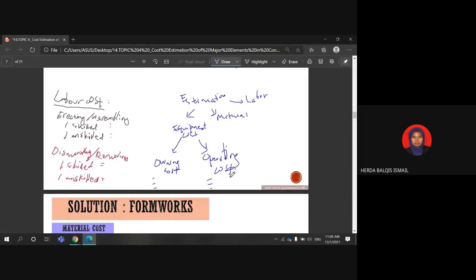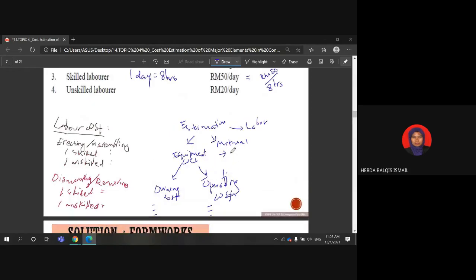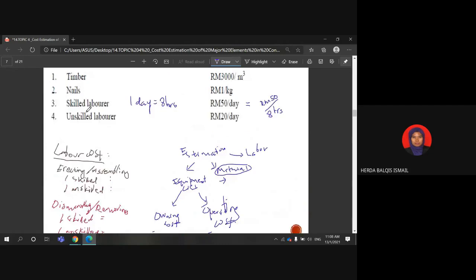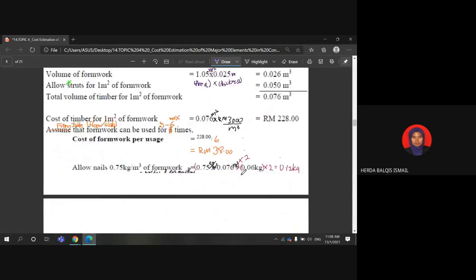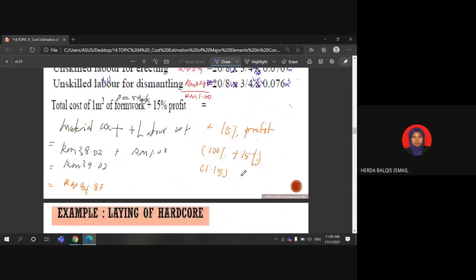For material cost, you need to identify for that particular work or scope of work what types of materials are involved. In this discussion for formwork, we know that the materials involved are timber and also nails.